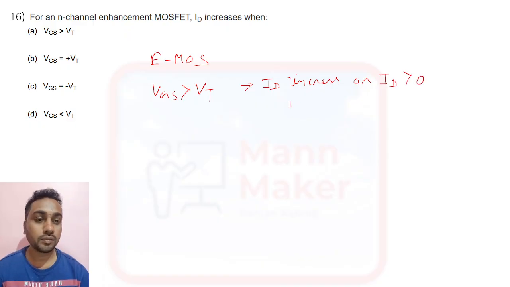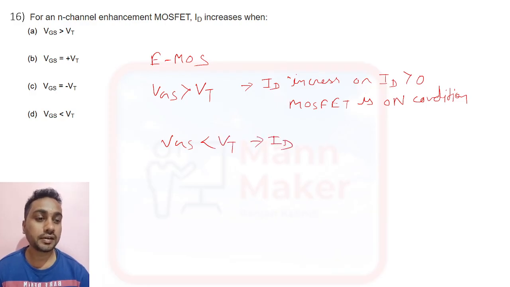In this case, the MOSFET is in on condition. When VGS is less than VT, then ID decreases, or we can say ID is less than 0. In this case, the MOSFET is in off condition.